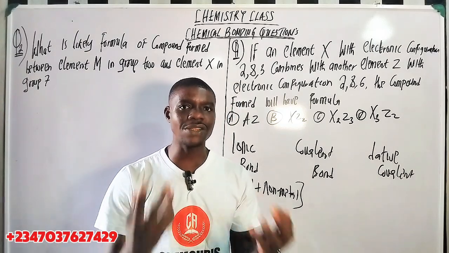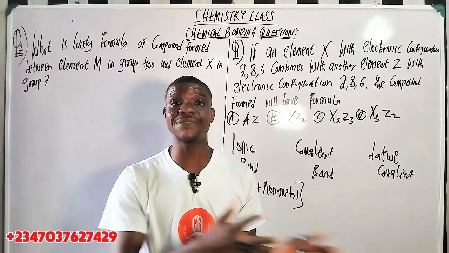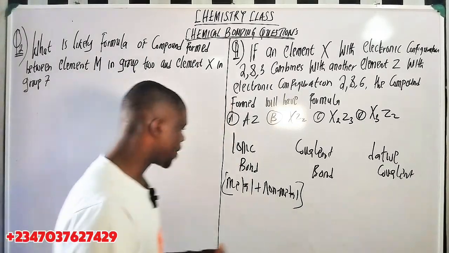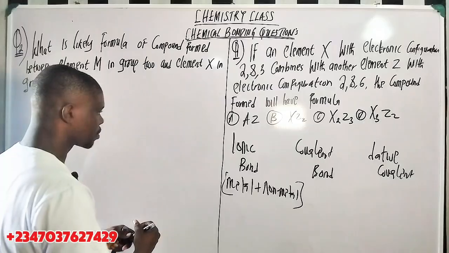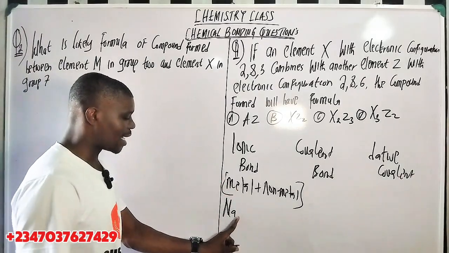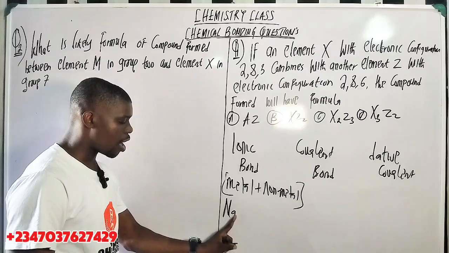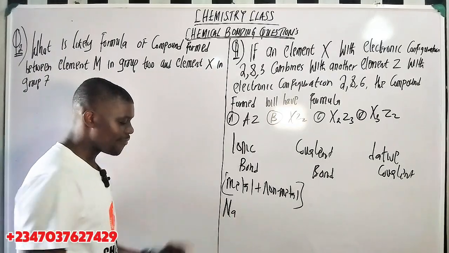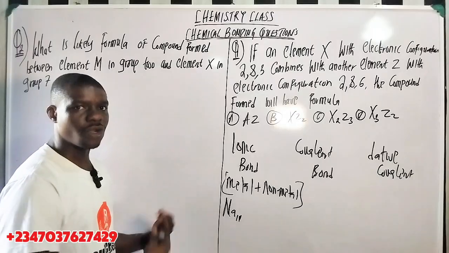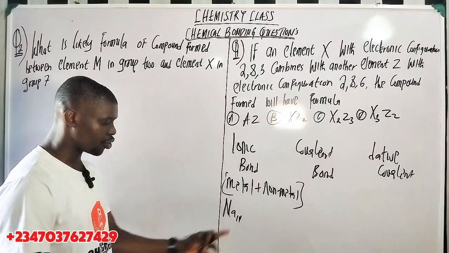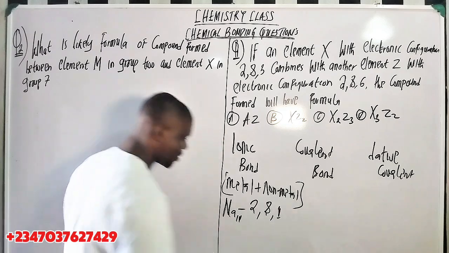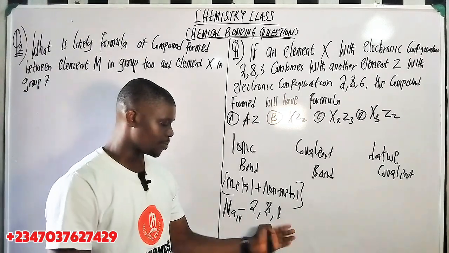When they lose the outermost electrons, they form a positive charge, which is called a cation. Let me give you an example. For example, here we have sodium, Na. Sodium has 11 electrons, and if you write the electronic configuration of sodium, we have 2,8,1.